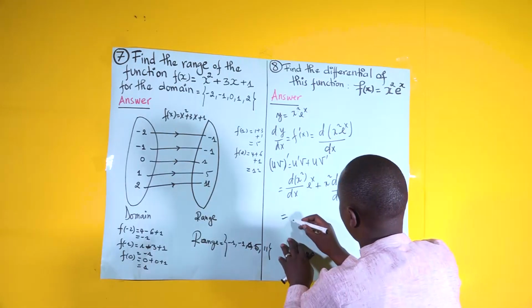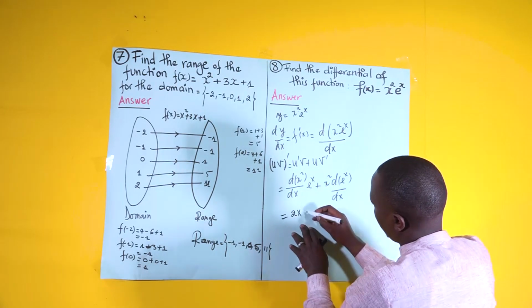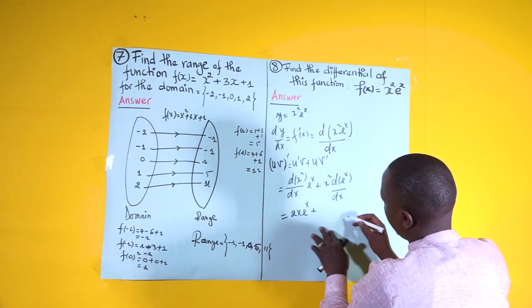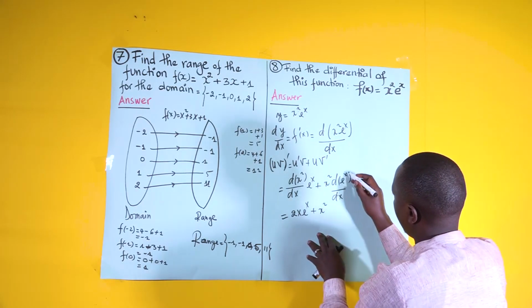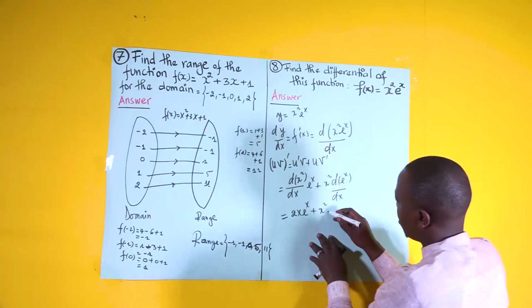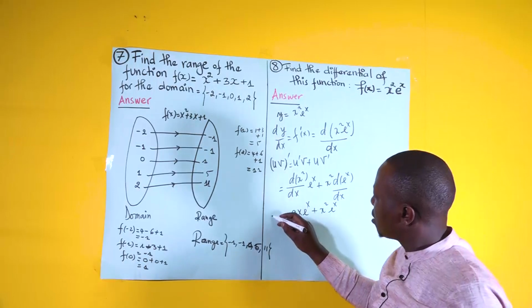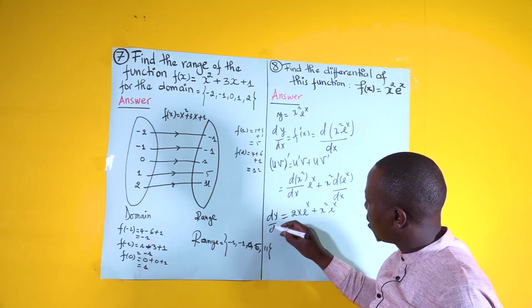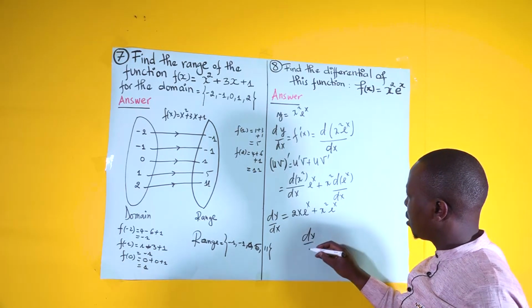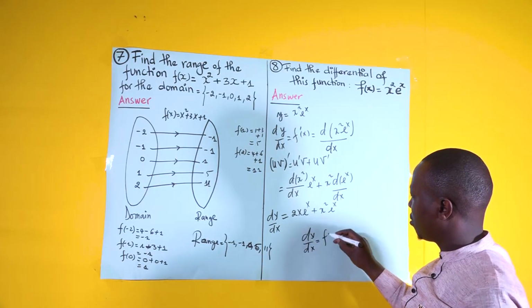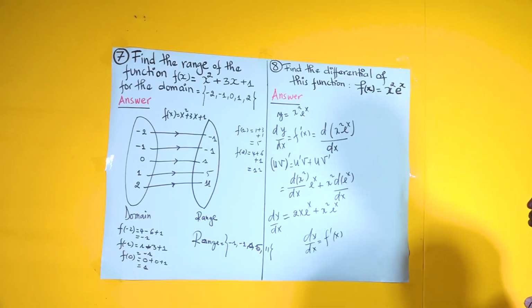And this gives us what? The derivative of x squared gives us 2x. Then we add e to the x plus what? x squared, and the derivative of e to the x does not change. It is always e to the x, isn't it? So this is dy over dx. Remember, dy over dx is the same as f prime of x, the derivative of the function f of x.